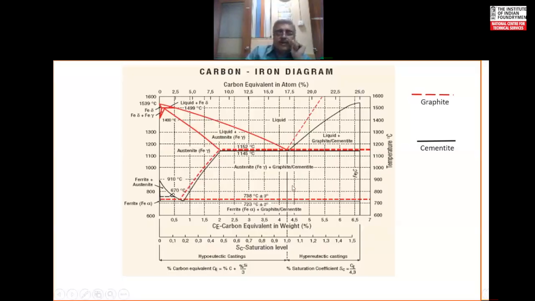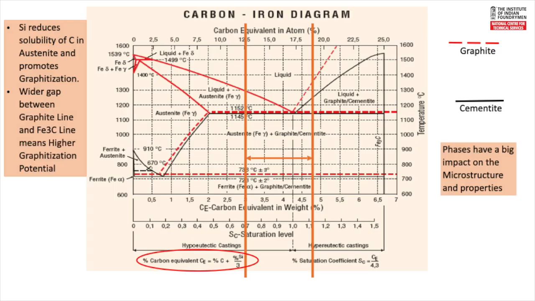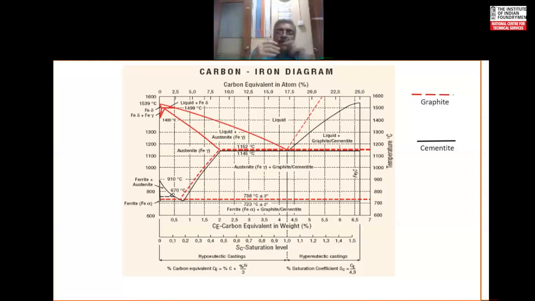At this eutectic composition of 4.3, which is very crucial in cast iron applications, the compositions which are to the left of this are called hypoeutectic compositions. So those castings are called hypoeutectic castings. And compositions to the right, where your carbon equivalent is more than 4.3, are called hypereutectic.